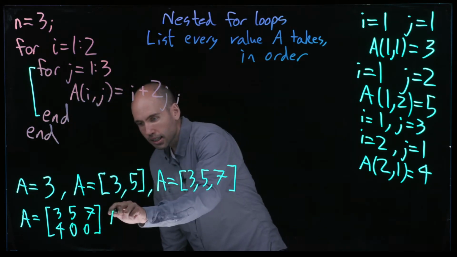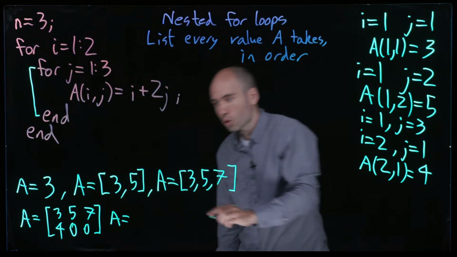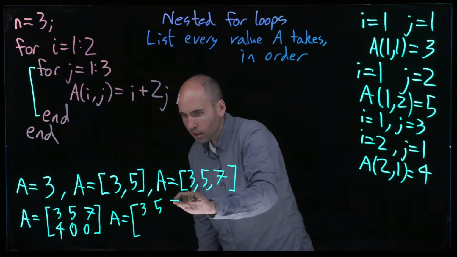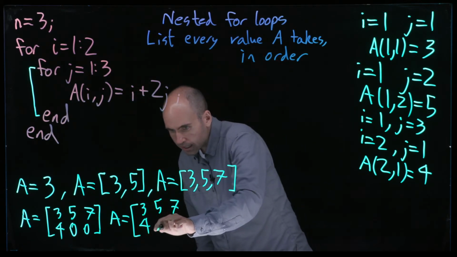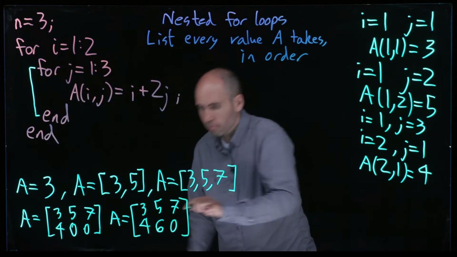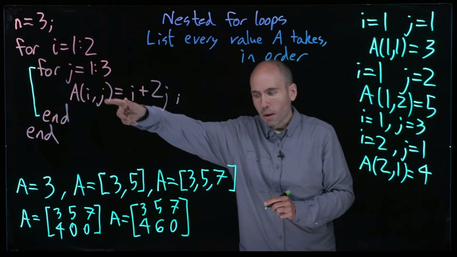Okay, and now we're moving our way through the inner for loop a second time. Let me just write out what we get. One way to think about it is when i goes up by 1, that's like going from one row to the next row. Then i,j goes up by 1.